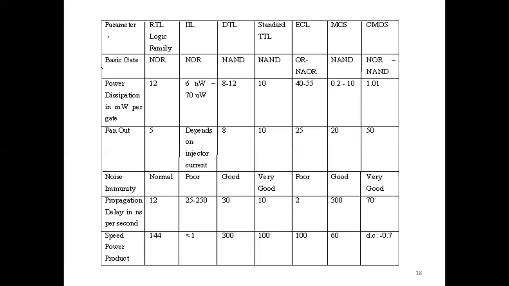Okay. If you compare all of these, the best ones are CMOS and standard TTL, because only these two have good noise immunity. Whatever the other parameters may be, noise immunity is the main concept, because if you want to identify the noise and remove it, only then can we improve the noise immunity performance.